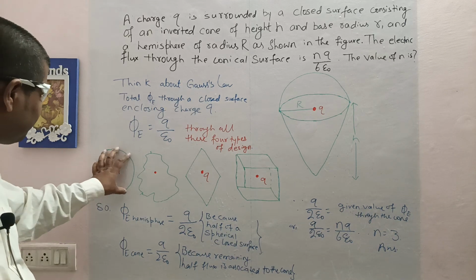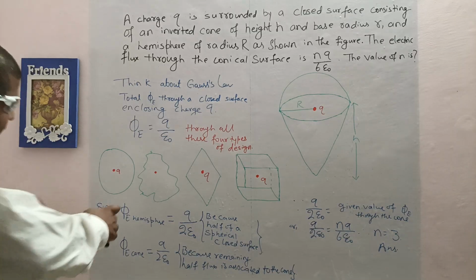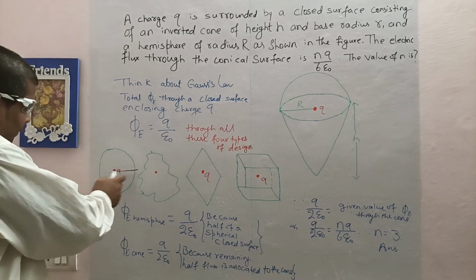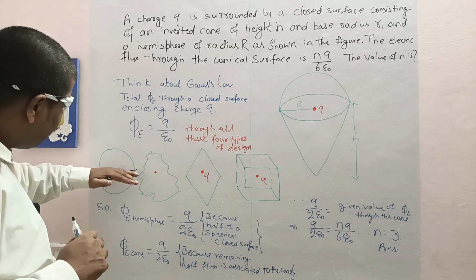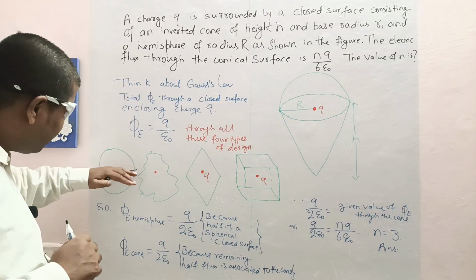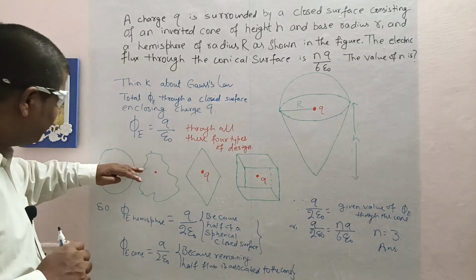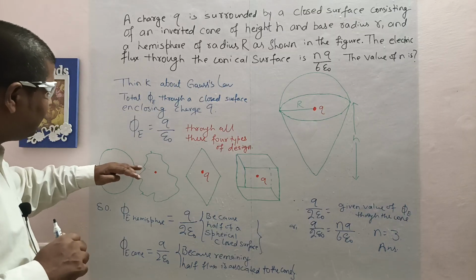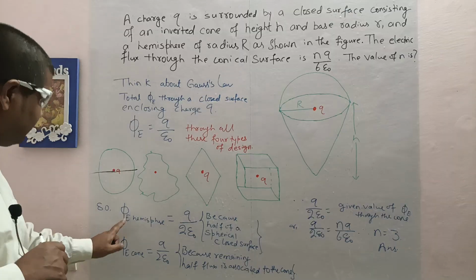So what will be the flux through this spherical Gaussian surface? This. And if I take half of this Gaussian surface, then half of this sphere will be a hemisphere, and that hemisphere has half of this electric flux.